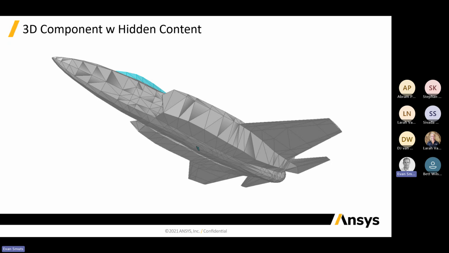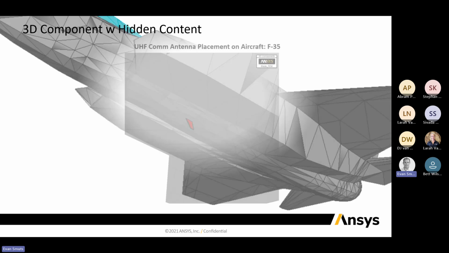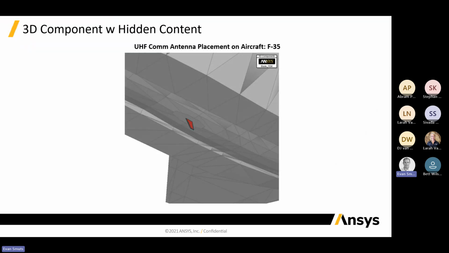But also maybe it's a component that we want to share with one of our colleagues, or maybe with a supplier company, because they want to implement our, for example, our antenna and look at its installed performance, but we don't actually want to give away our IP of what's actually going in there. In this example here, we're looking at this little blade antenna that we've got for this aircraft. We've done all the design and all the IP in there, but we need to share it with the aircraft manufacturer so that they can see if it's going to work on their platform.